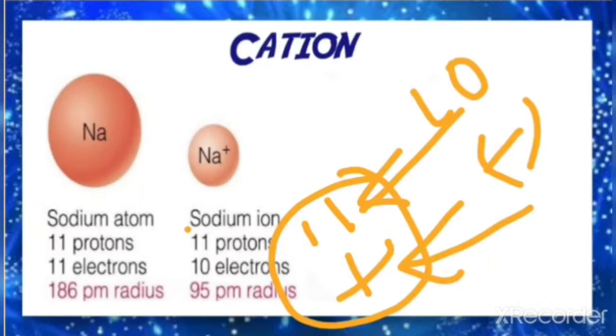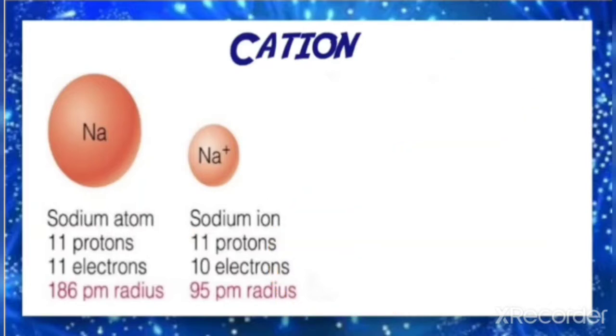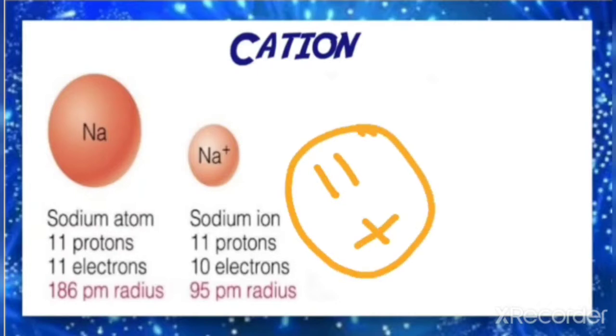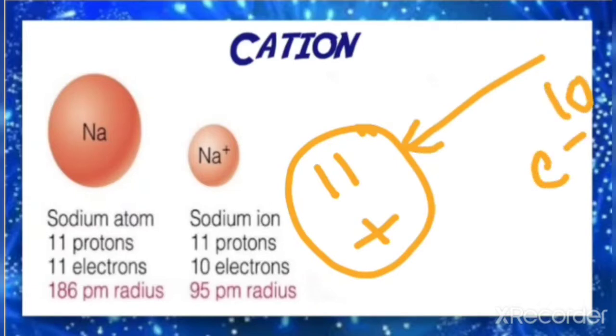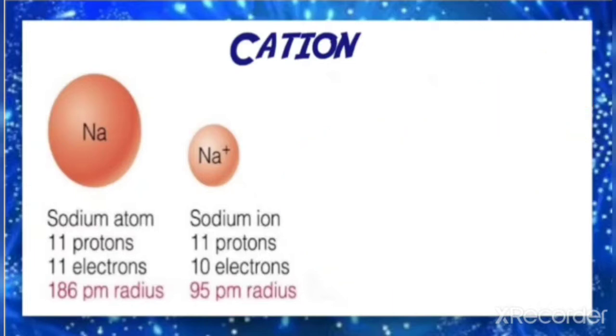So that means the nucleus is stronger here, because the greater number of positive charges, that is 11, is present in the nucleus, so it attracts the 10 electrons towards itself more strongly. So we can say that the effective nuclear charge is greater in the case of cation.